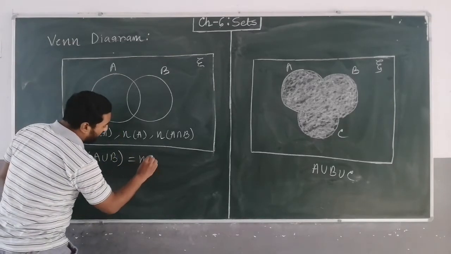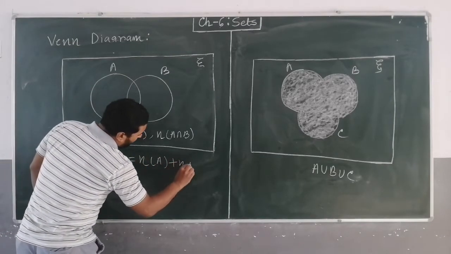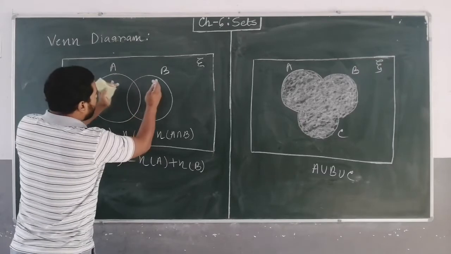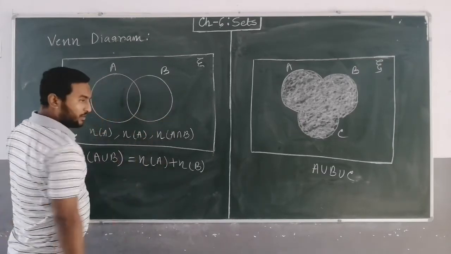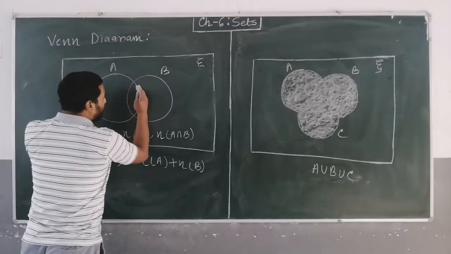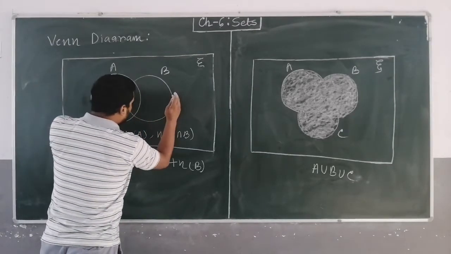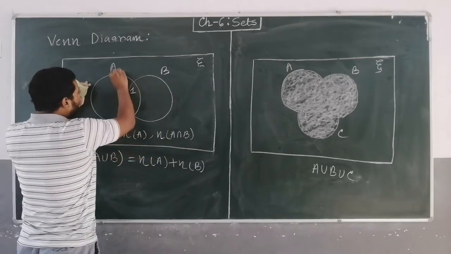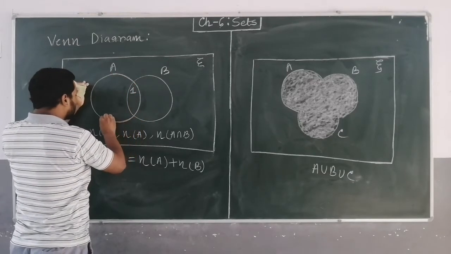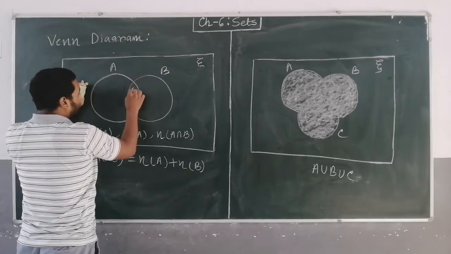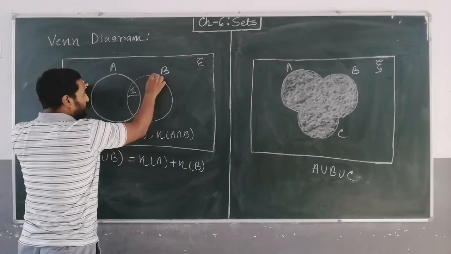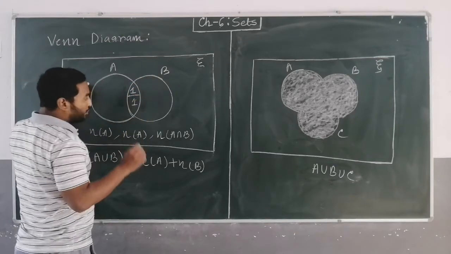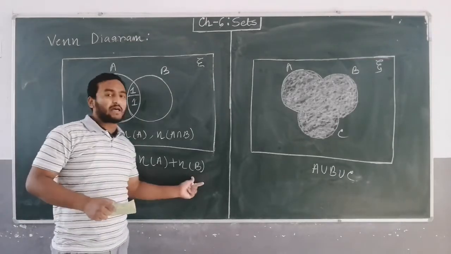Suppose n of A plus n of B. If you consider the number of elements in A and the number of elements in B and add them, then this portion is coming one time when you consider A, and again one time when you consider B. So two times.